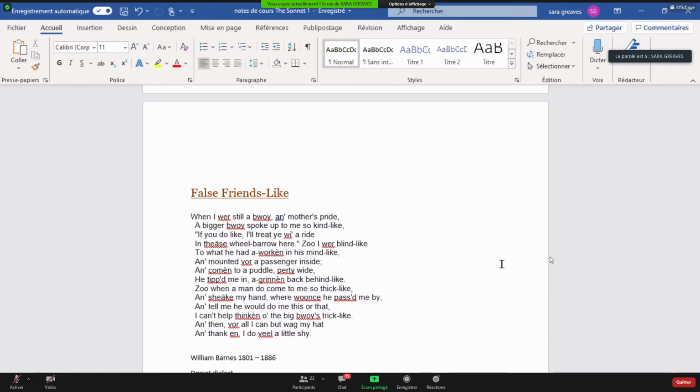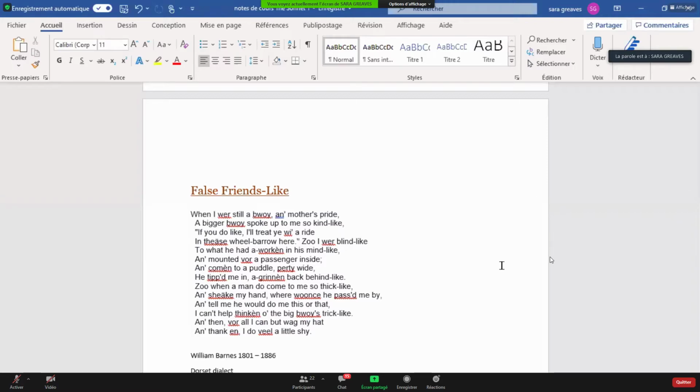So he derives from that anecdote a sort of moral. It's a sort of moral tale, and he says that as an adult, he's no longer so innocent, and he is always a bit suspicious when somebody who used to ignore him, where once he passed me by, suddenly starts being very nice and friendly.